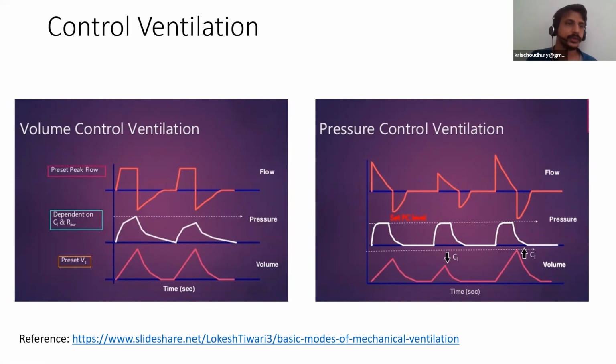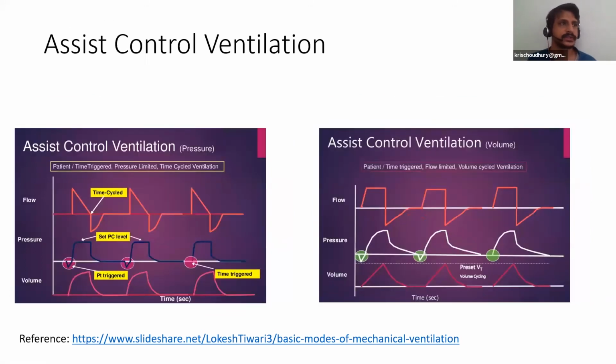However, when you come to the next stage of ventilation, it is called assist control ventilation. Some anesthesia ventilators have it, but this feature is mostly there for ICU ventilators.